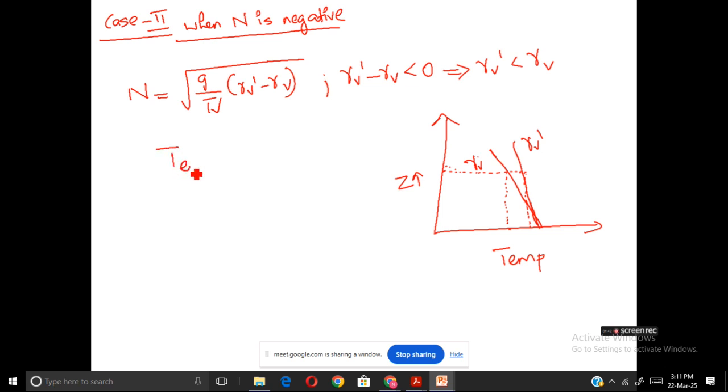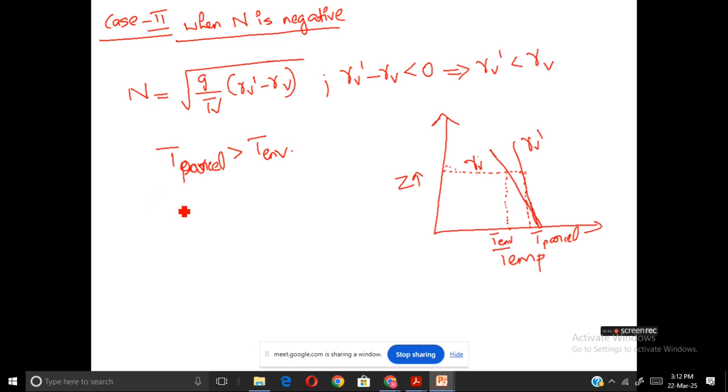So gamma v dash is less than gamma v, and if we consider the temperature at any particular level, it is seen that the temperature of the parcel is greater than the temperature of the environment. So this is the temperature of the parcel, and this is the temperature of the environment.